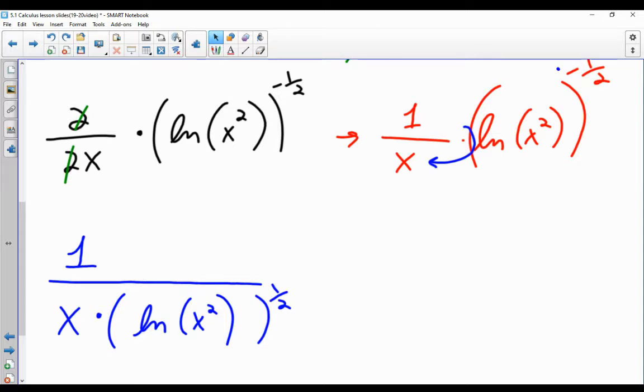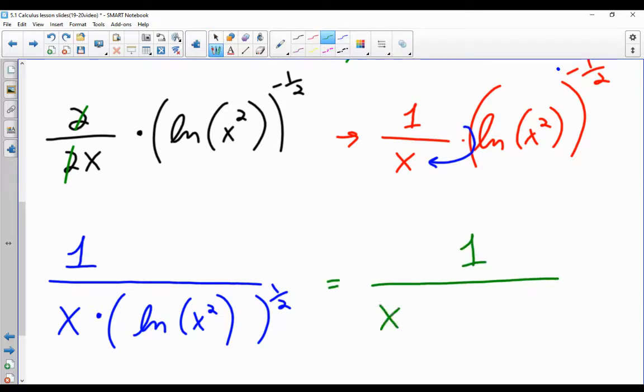And then last but not least, you can rewrite this using your roots. On top, you'll have 1, and on bottom, the x will be multiplied by the square root of ln x squared, all to the power of 1, where the 1 comes from the power. But of course, you guys know you don't really need to write that power of 1, so you can just leave that alone.